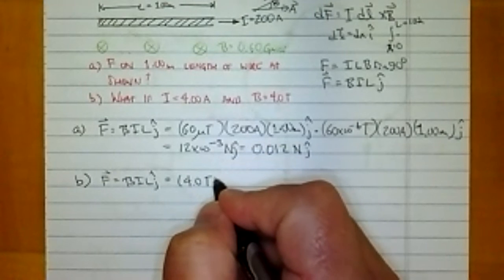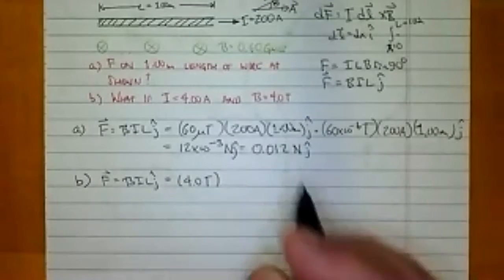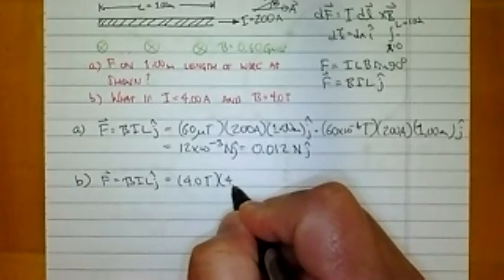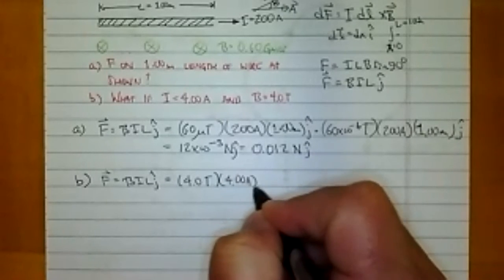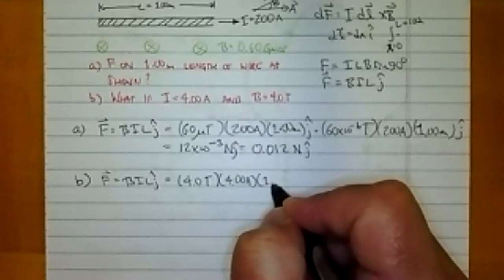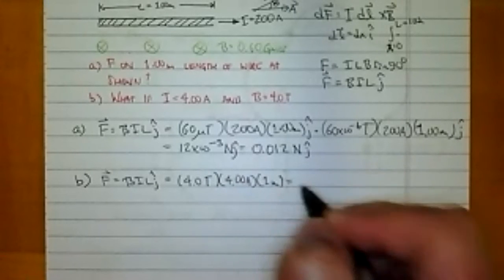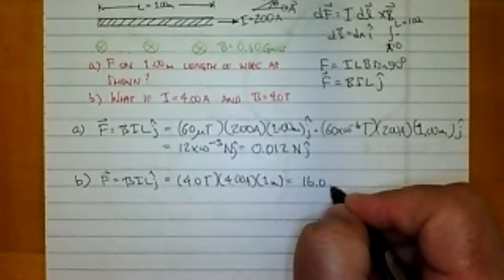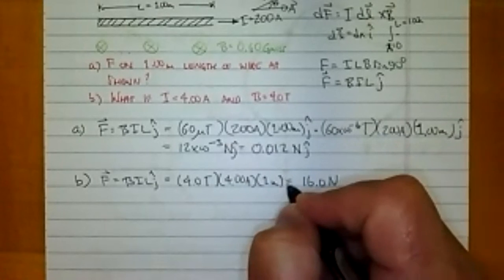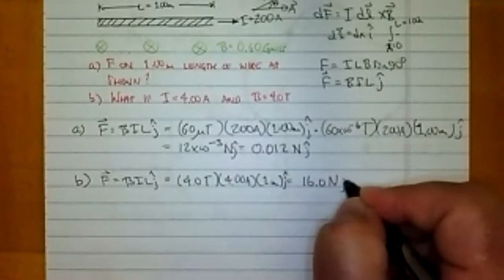I think recently I heard they might get as high as 10, but I'm not certain of that. A current of, let's say, 4.0 amps, and again a length of 1 meter. So obviously you can tell we end up getting 16.0 newtons in the J hat direction again.